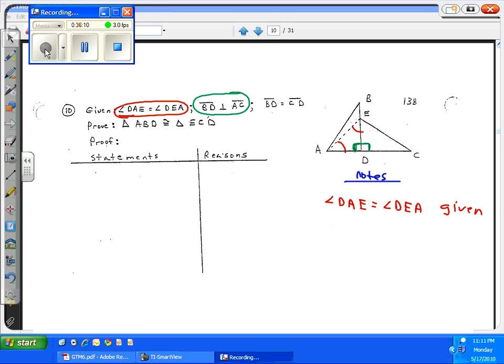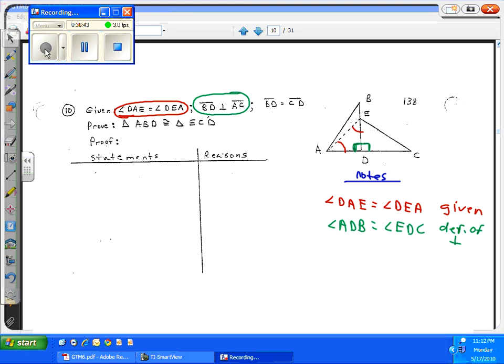Now, I can say that angle ADB, the green one on the left, is equal to angle EDC, the green one on the right. By definition of perpendicular, perpendicular lines form equal, adjacent, 90-degree angles.